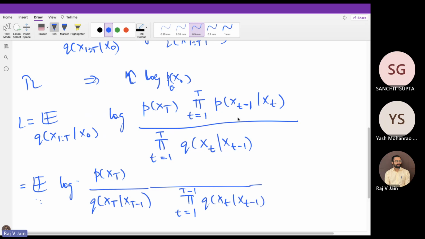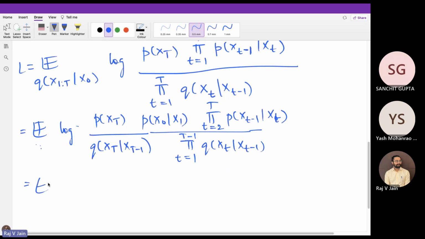And I will take the first term, that is p of x naught given x1, out and write this product from t equal to 2 to capital T. Correct? Because the first term went away, right?